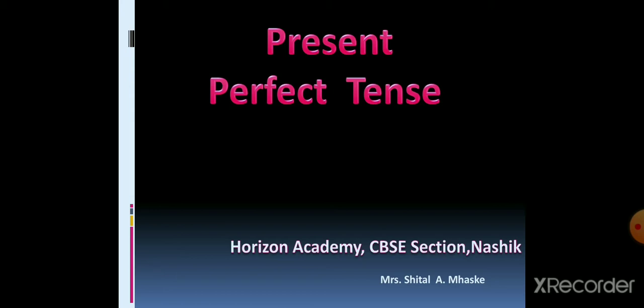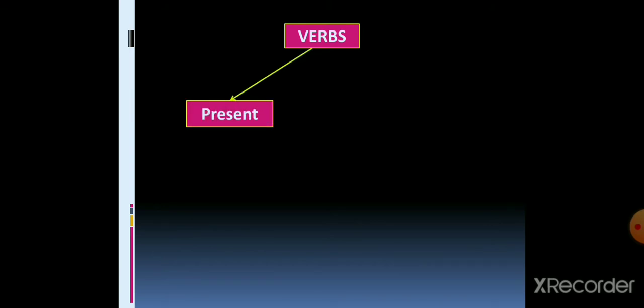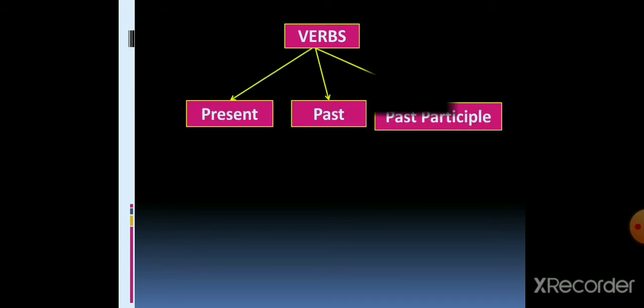Okay, now before we start with our actual topic, let's have a look at the verb. Now see, a verb can have three forms, that is present form, past form and past participle form. Or we can call them verb 1, verb 2 and verb 3. Present means the original form of the verb.